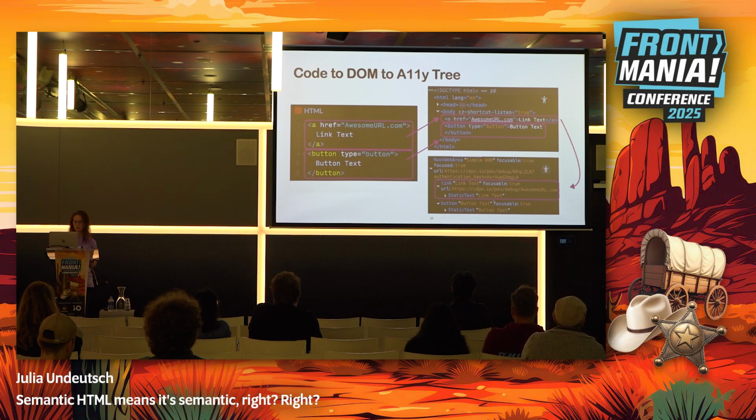If this would be empty, then it would not have an accessible name. And the same goes for the button element, that it's a button with a text and that is focusable. And we can get to the accessibility tree by hitting the button opening the accessibility pane.